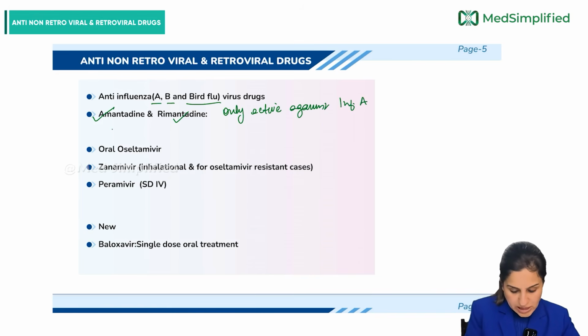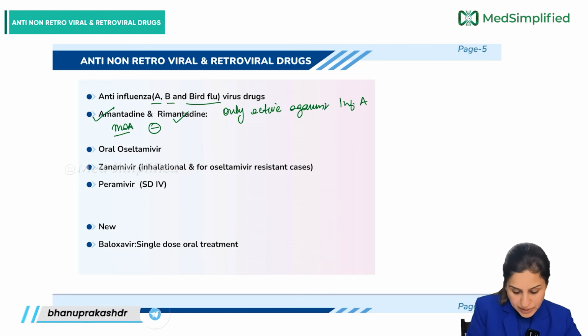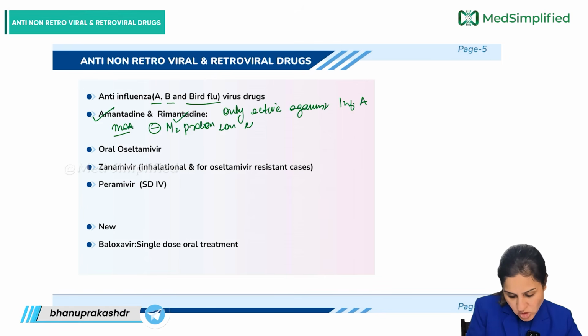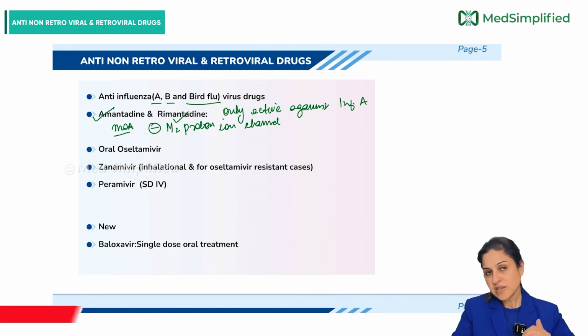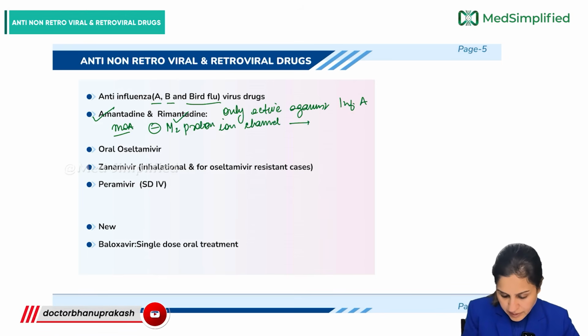What is their mechanism of action? They inhibit or block the M2 proton ion channel. If this M2 proton ion channel is blocked, there will be no uncoating of the virus.